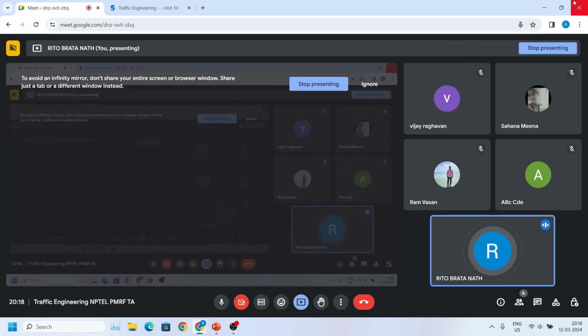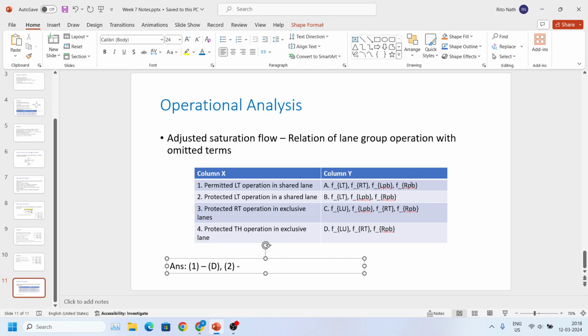Okay, I'm not sure. 2 should be, I think, C. Next, okay.